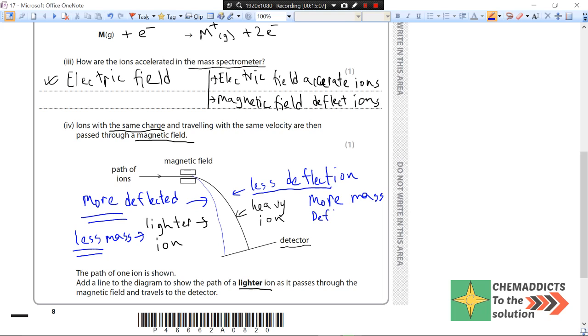And the lighter ion has less mass, so it will deflect more. So that's the whole concept behind this problem.